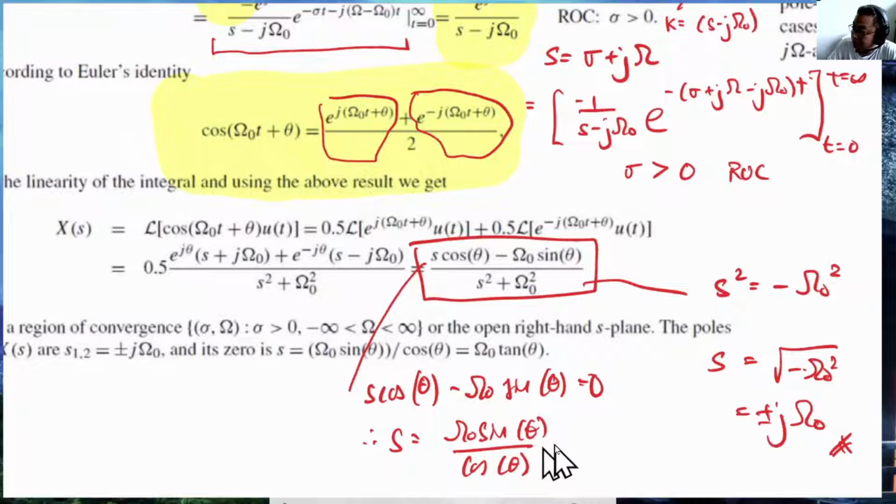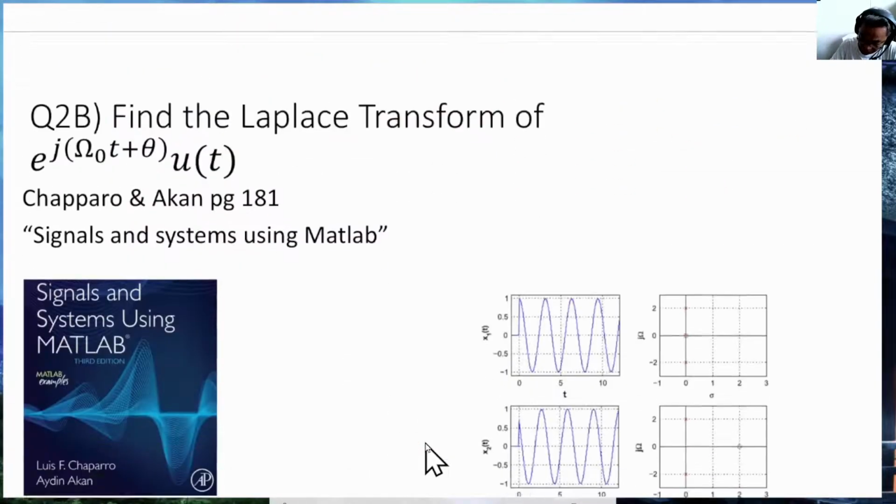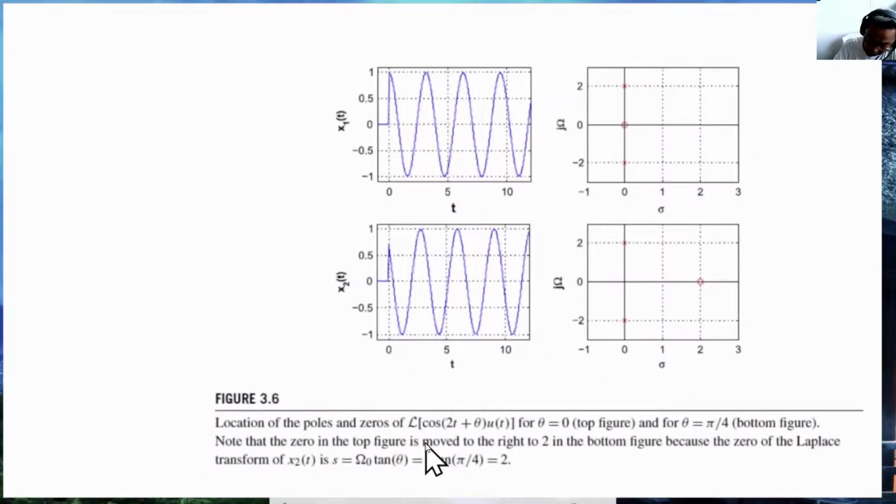Now we substitute the values of theta to find what s should be to make the numerator equal to 0. This is cosine omega naught t plus 0.